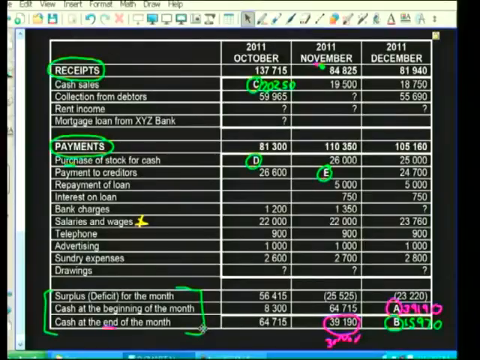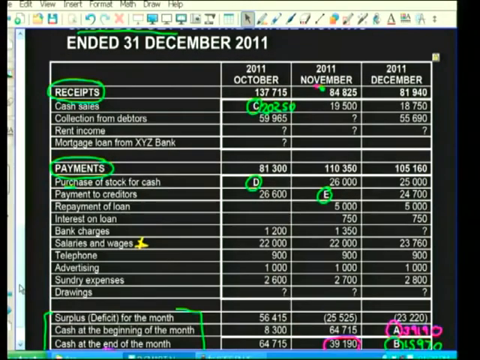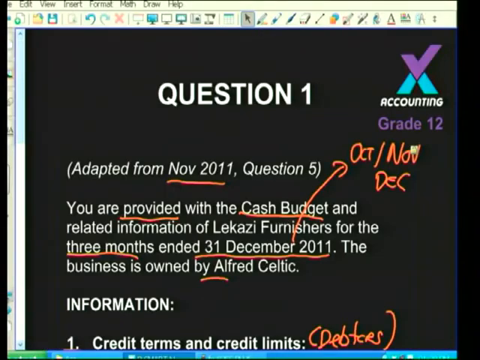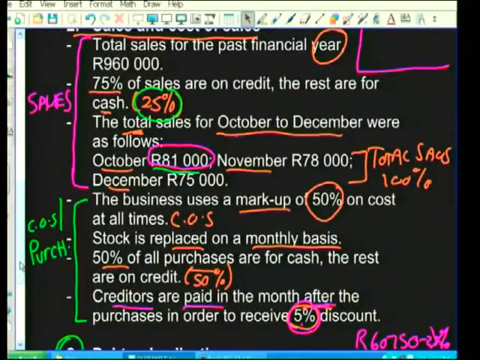Then, if we go back to the information on sales, if we examine our sales, 81,000, 78,000, 75,000, can you see there's been a drop in sales? So sales is obviously decreasing.